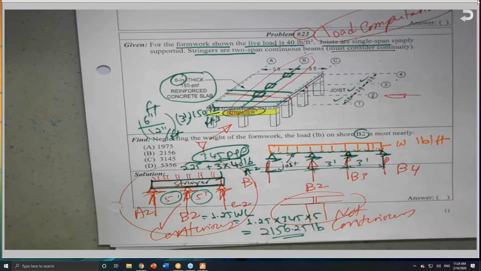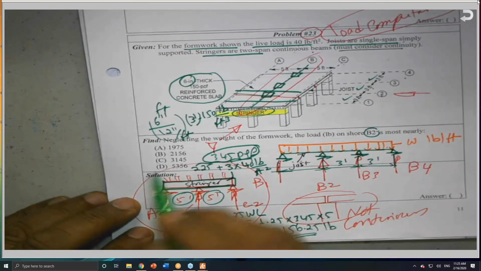Okay, no, that's correct. That's correct. Any question about this? So this is the answer for this one here.